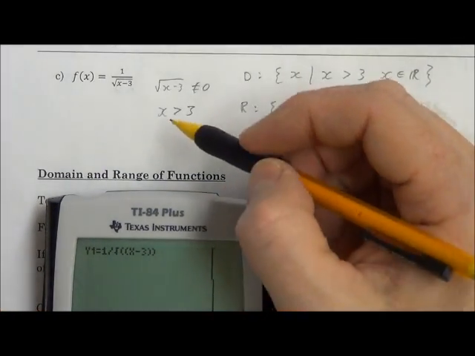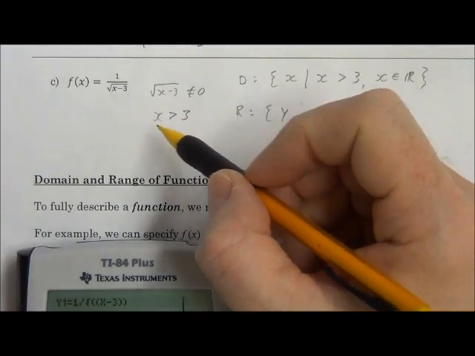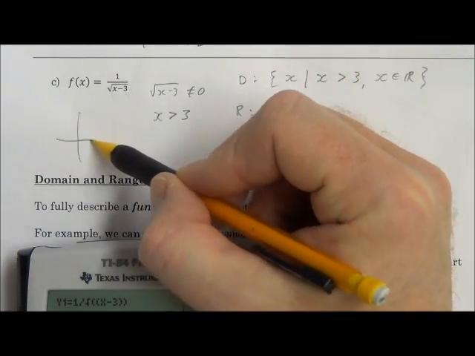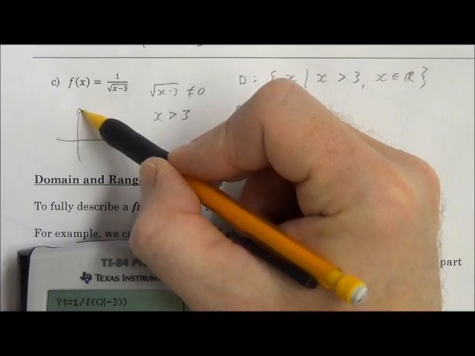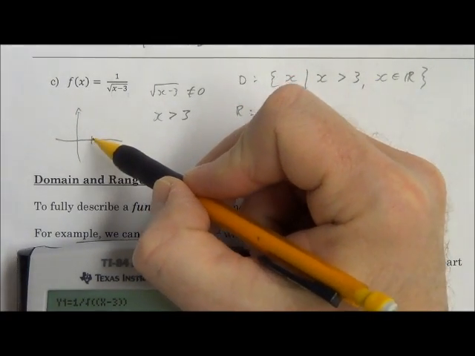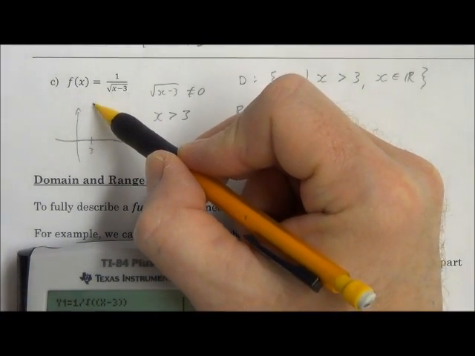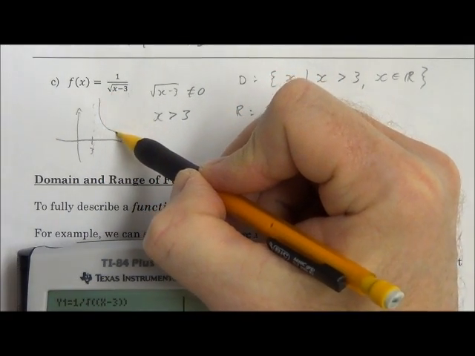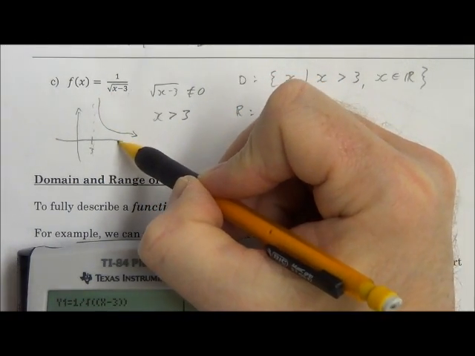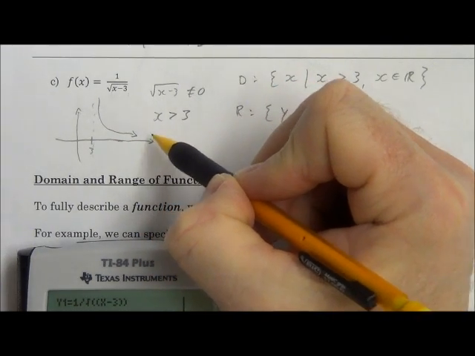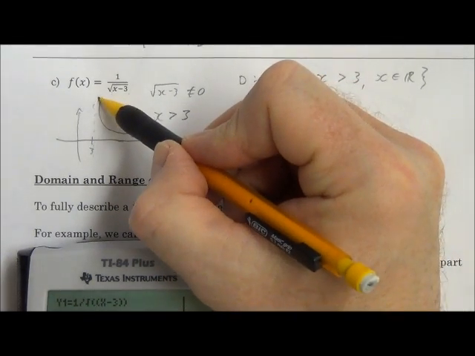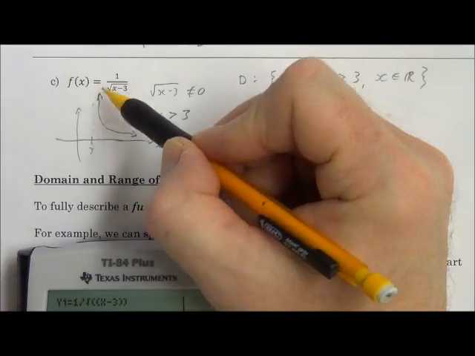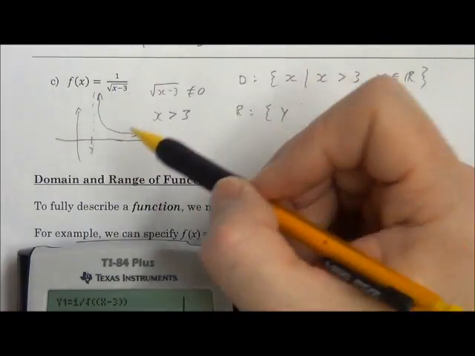So I'm just going to do a quick sketch of what this is actually looking like. We saw a little bit of the graph. It's just a very rough sketch here. So at x equals 3, there's going to be that vertical asymptote, and the graph is actually going like this. So it's approaching the x-axis, getting closer and closer to 0, but it's also approaching the vertical asymptote, going further and further vertically.